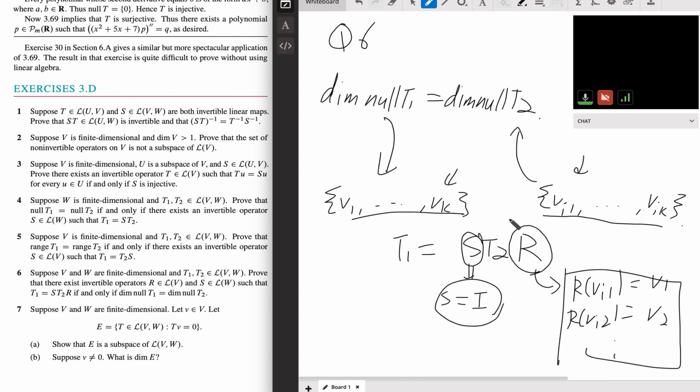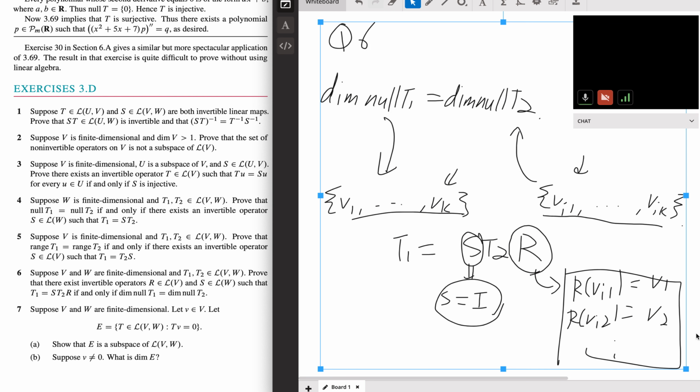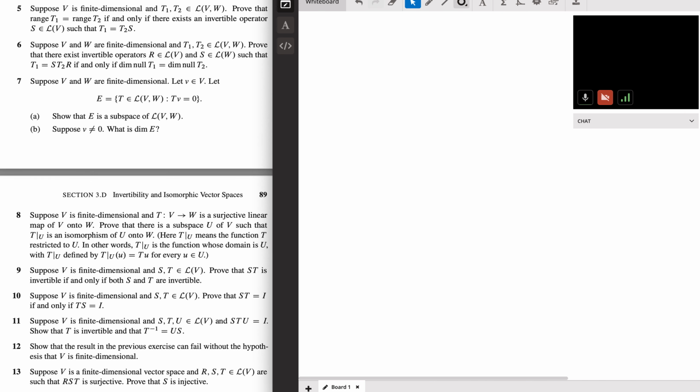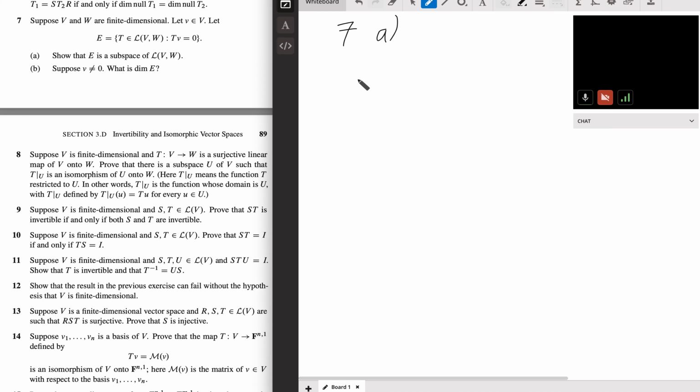So in fact, you construct S and R invertible such that T1 equals S T2 R quite easily. By easy, I mean no insult. It's not easy, but perhaps easier than the first half of the proof.